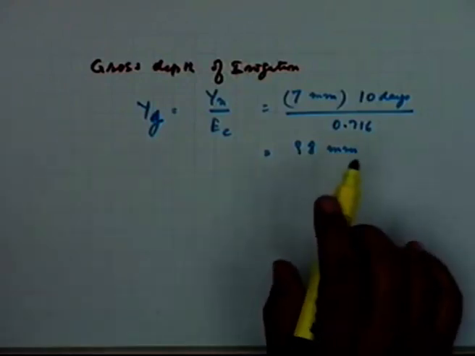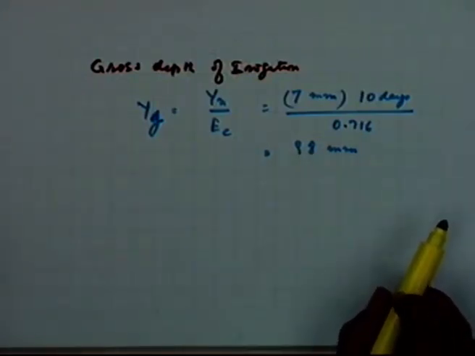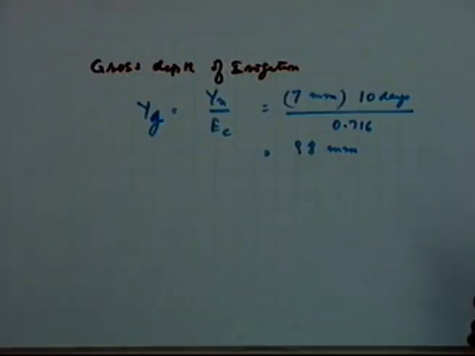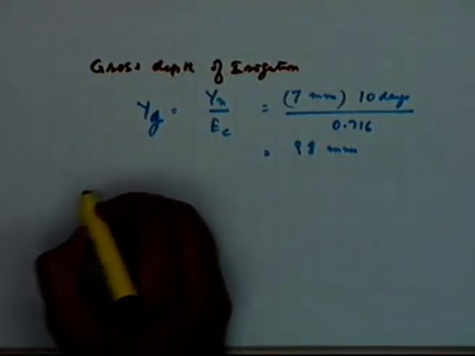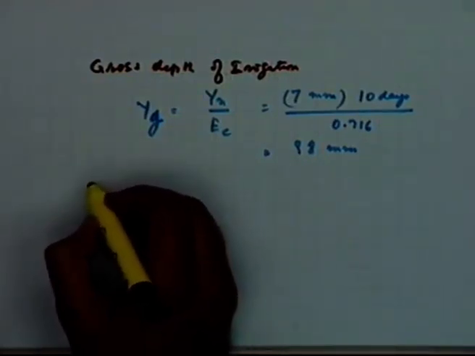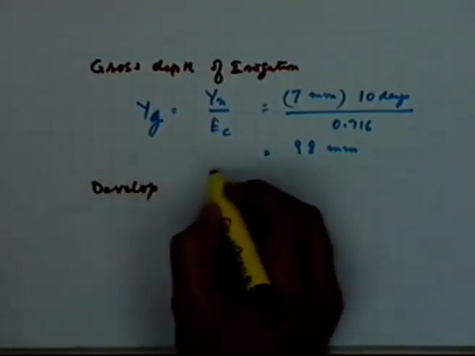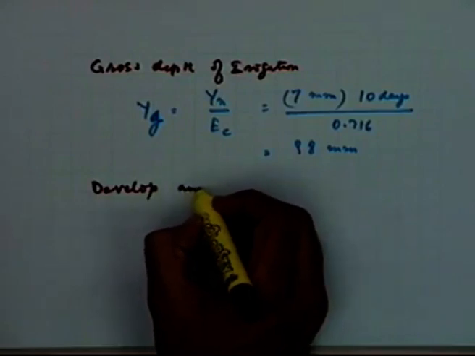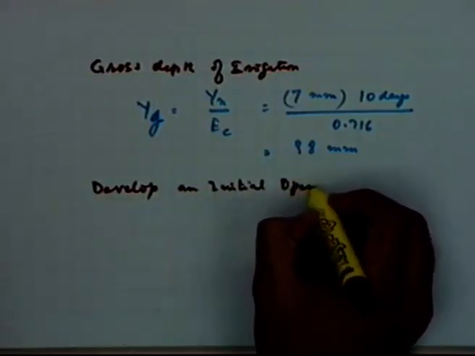Now, having found out the gross depth of irrigation, we want to look at the operation, how we are going to operate the system. Let's develop an initial operation schedule.